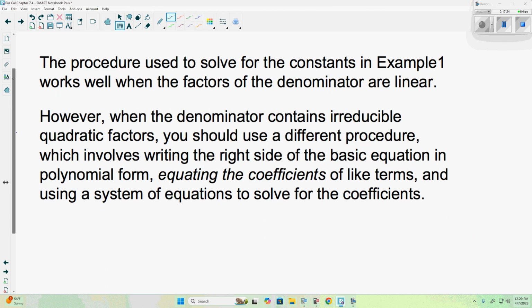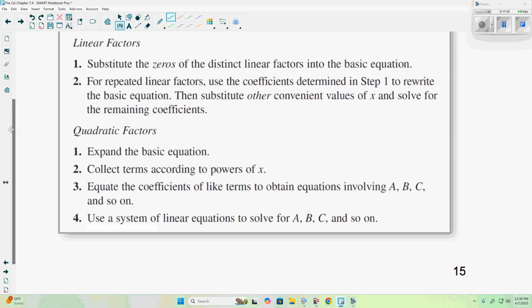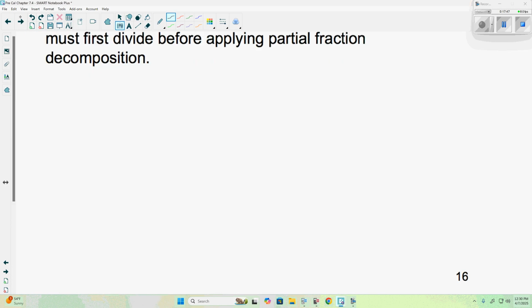This procedure used to solve for constants in example 1 works well when the factors of the denominator are linear. However, when the denominators contain irreducible quadratic factors, you should use a different procedure, which involves writing and solving systems. For the linear factors, use coefficients in step 1 and solve.